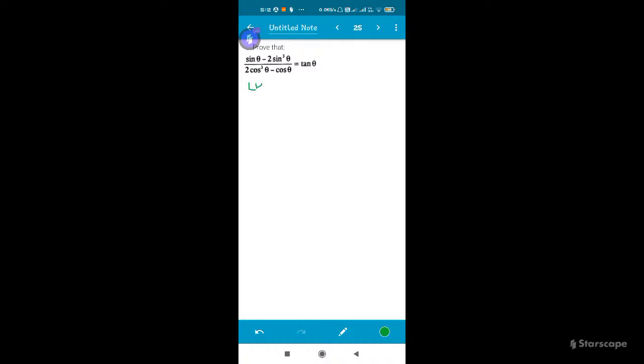Starting with LHS, we have sine theta minus 2 sine cube theta divided by 2 cos cube theta minus cos theta. We see that in the numerator we can take sine theta as common, and in the denominator we can take cos theta as common. So let's do that.